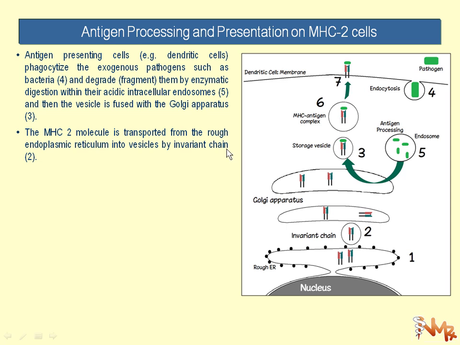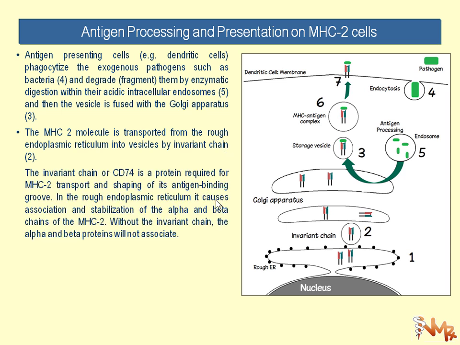So I have to explain the invariant chain for you. The invariant chain, or CD74, is a protein required for MHC2 transport and shaping of its binding groove. In the rough endoplasmic reticulum, it causes association and stabilization of the alpha and beta chains of MHC2.